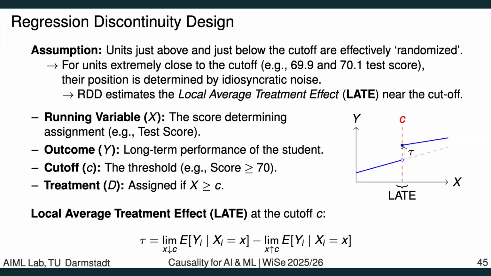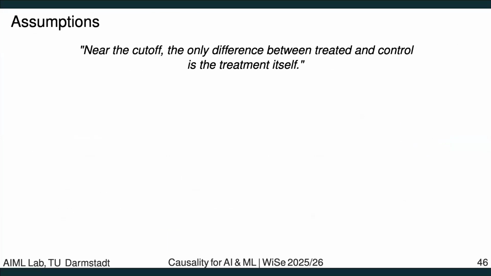If I assume that, then I can say, well, all of the effects that I observe are due to my treatment assignment, due to the additional money or the opportunities they got. And the local treatment effect is then really just the average between those two estimates. So in plain words, near the cutoff, the only difference between treated and control is the treatment itself.